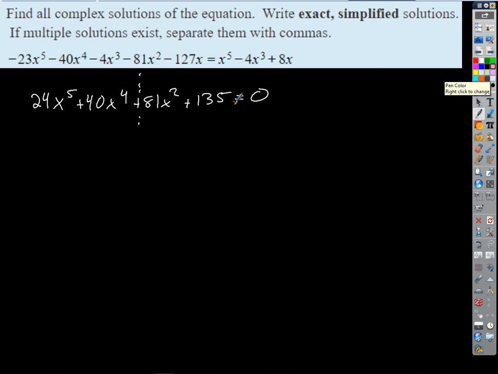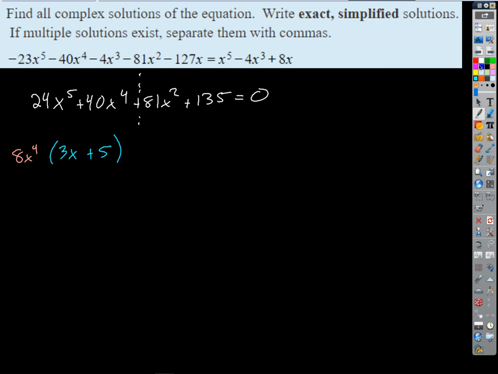What's our GCF for the first group? 8x maybe? But 8x to what? 8x to the 4th. So I leave behind what? 3x.